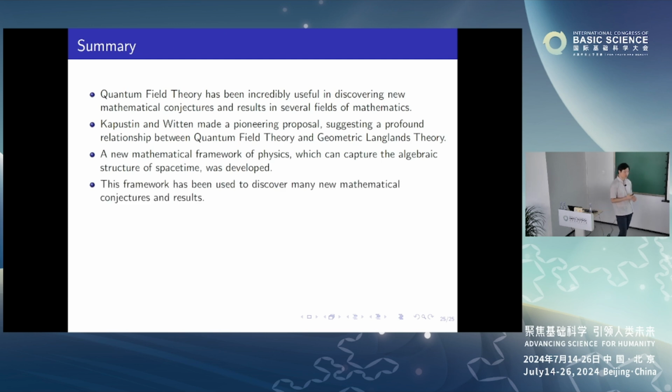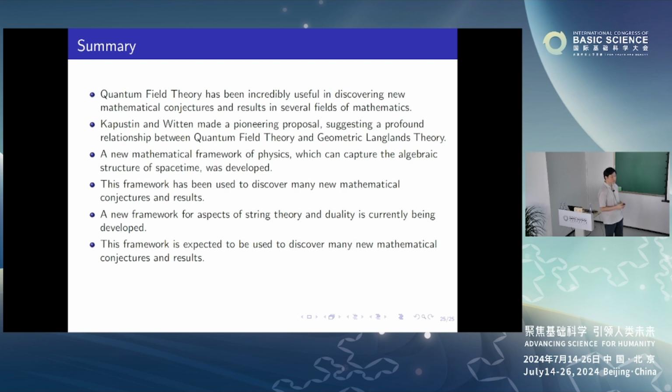And once the framework is developed, it can be used to do other things. Then for string theory and duality, a framework can also be developed, and it is being developed. That is also expected to give some interesting results. Okay, thank you.